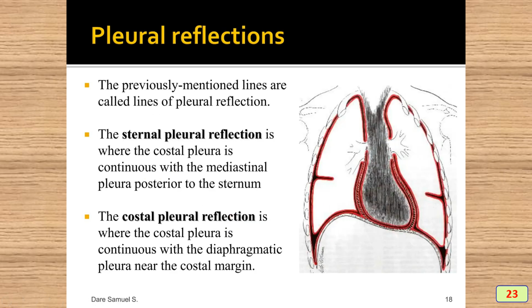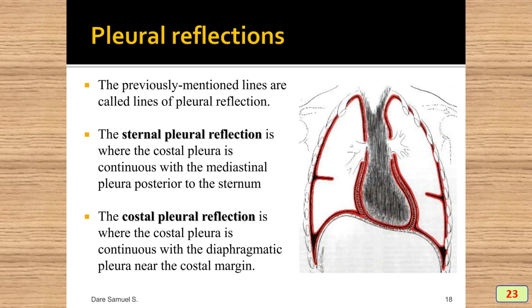The pleural reflections include the sternal pleural reflection, where the costal pleura is continuous with the mediastinal pleura, and the previously mentioned lines are called the pleural reflections.